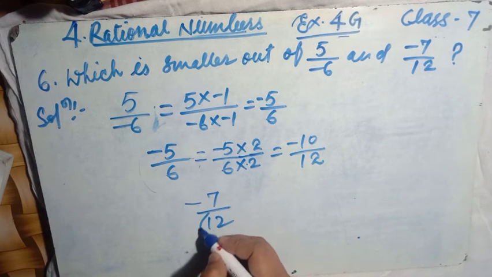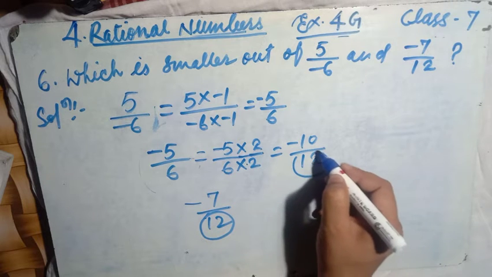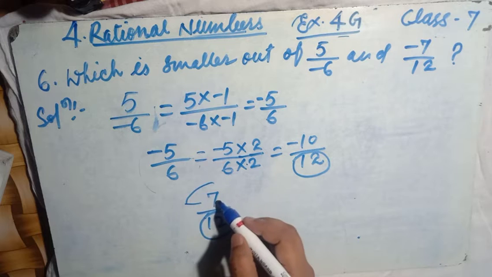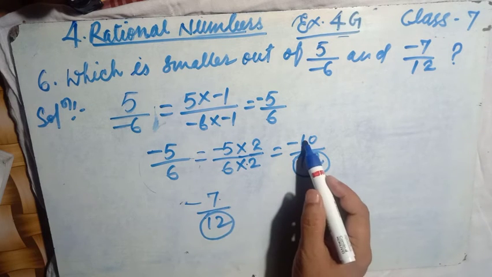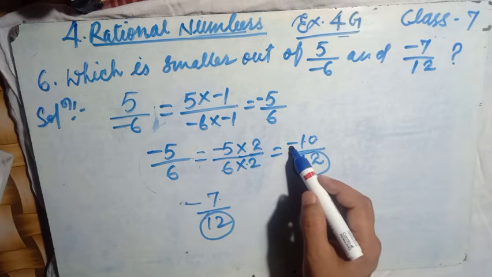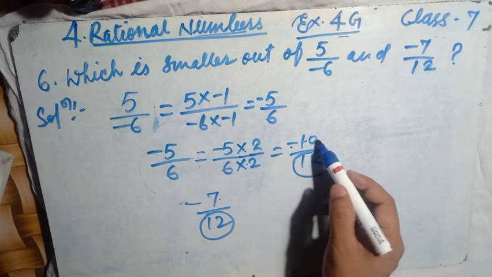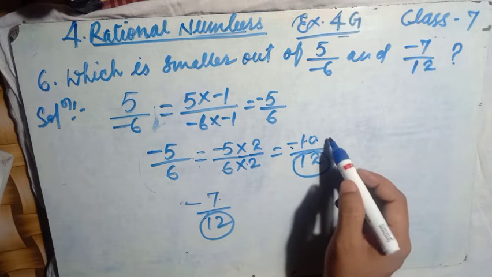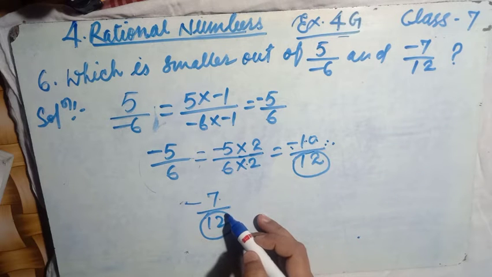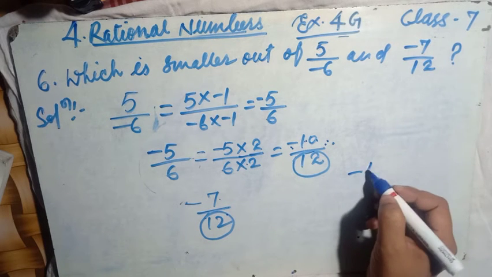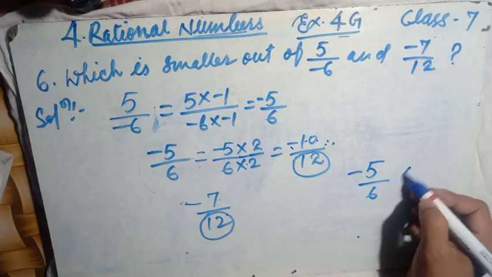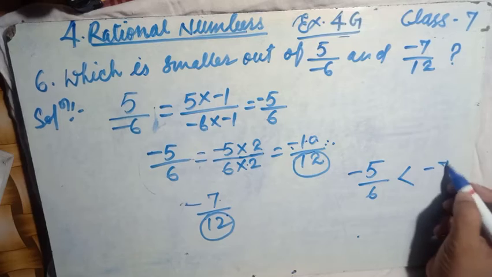The denominator is the same, so now we check the numerators. Numerically 10 looks greater, but with the negative sign, the greater number is the smaller number. That means minus 10 is smaller than minus 7. Hence minus 5 by 6 is less than minus 7 by 12.